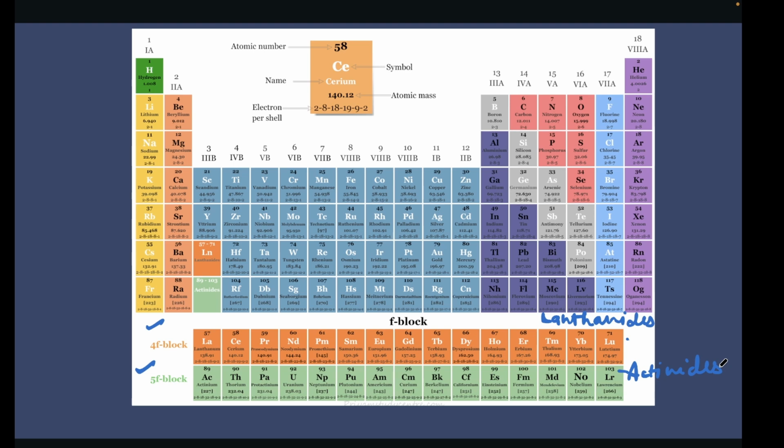Lanthanides are the elements having atomic number 58 to 71 and actinides are the elements having atomic number 90 to 103. Lanthanides are used in magnets, TV screens, lasers, and catalysts. And actinides like uranium and plutonium are used in nuclear power and medicines.